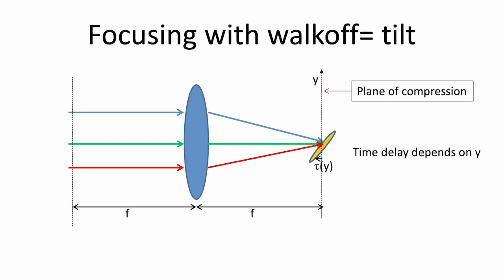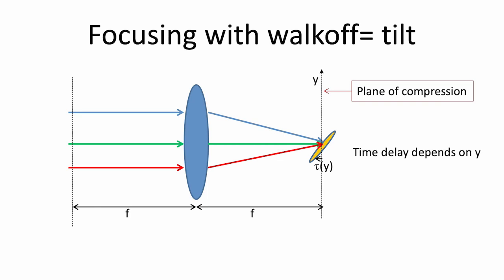Now, we said that you can have walk-off in your system. Now, let's assume you try to compensate for that spectral walk-off. You can see here, blue, green, and red, not centered at the same position. And then in your experiment, you're going to focus this beam into your sample. What will happen is that from focal plane here at the beginning to the focal plane at the end where you place your experiment, there is no phase difference regardless of which of these blue, red, or green paths I take, because that's what happens when you go from focal plane to focal plane of a lens.